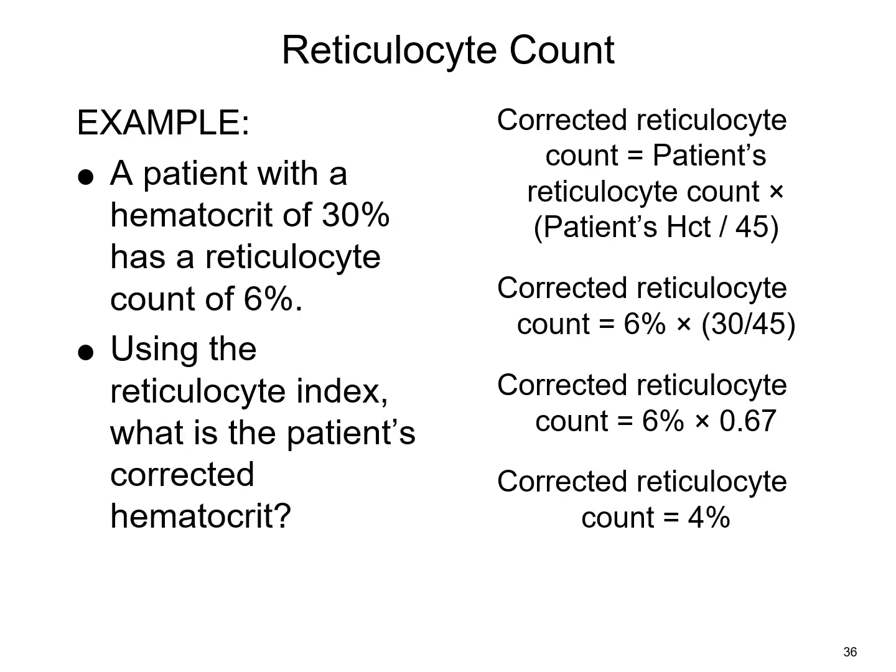So here we have an example where the patient's hematocrit is 30% with a reticulocyte count of 6%. First we divide the patient's hematocrit by 45, so 30 divided by 45 times our reticulocyte count of 6%, which once we work that out will give us a corrected reticulocyte count of 4%.